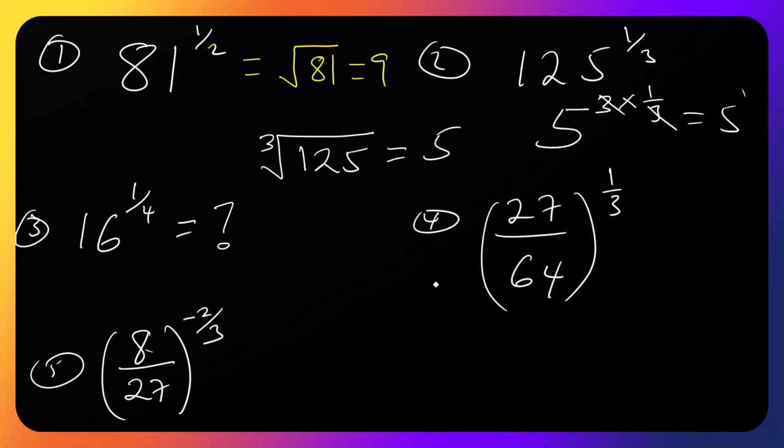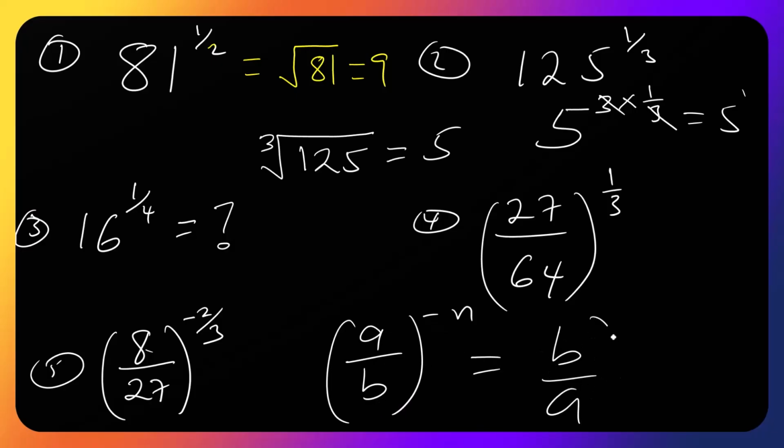Okay, that's that. And the last one has to do with 8 on 27 exponent minus 2 on 3. Remember, I made mention of negative index. A on b to the power of minus n: once I interchange this, it becomes b over a to the power of n.